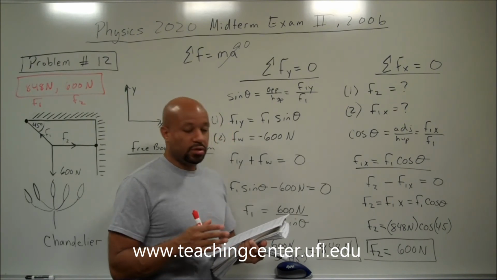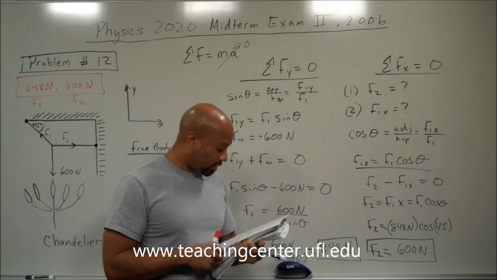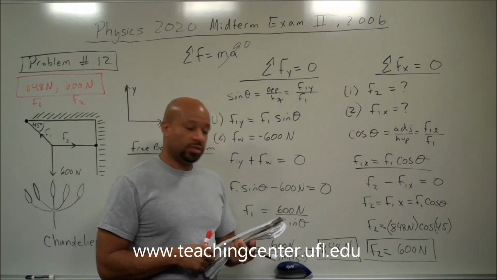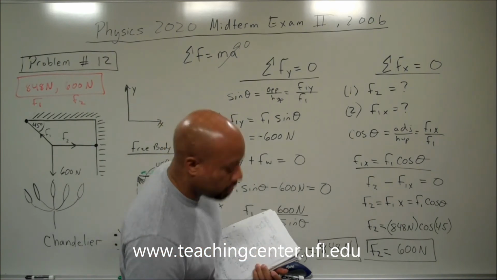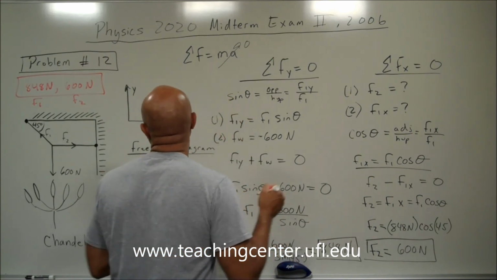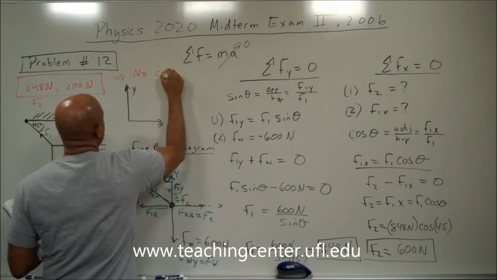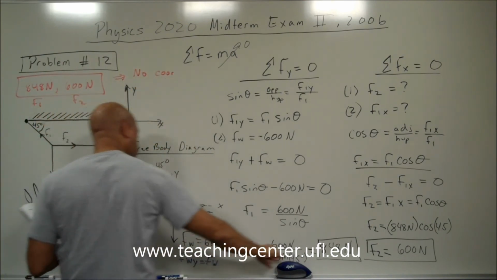And so none of the solutions are right, so we choose number 1, which just says none of the choices are correct. So the solution is no correct choices.